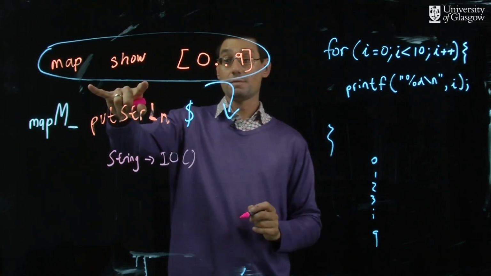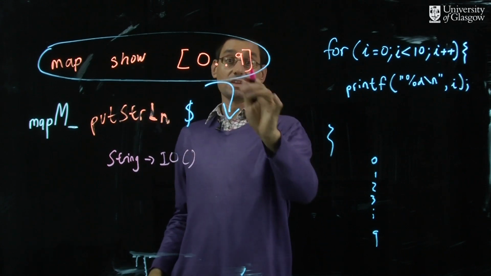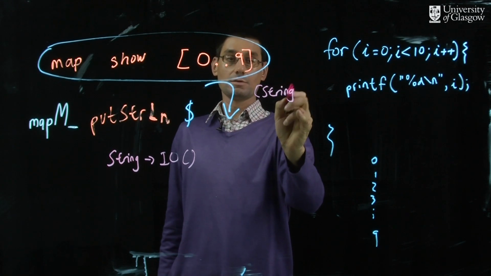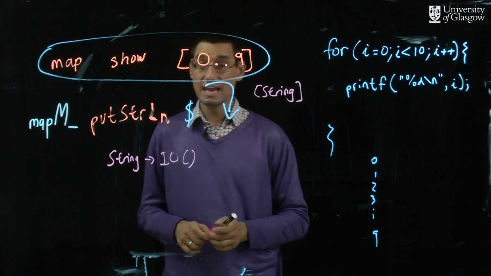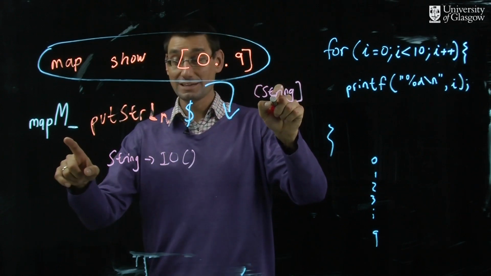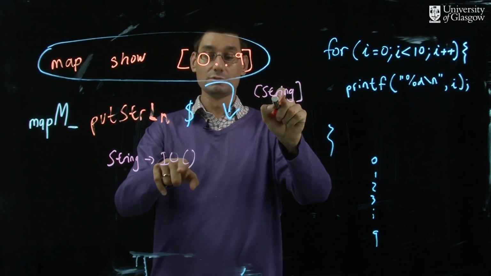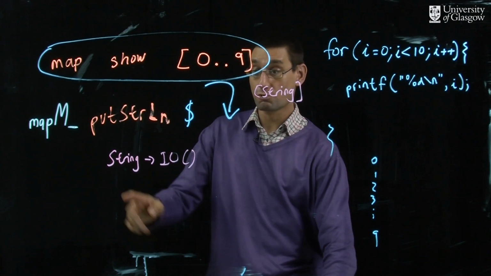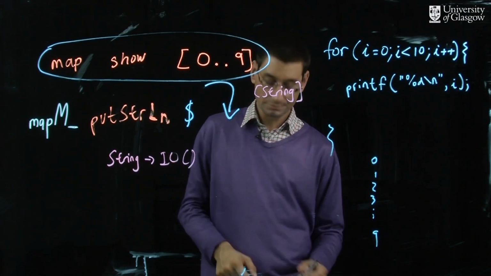Okay, and this map show list of ints is going to give us back a list of strings. Okay, and this mapM_ is going to take a list of strings and something which transforms individual strings into unit in the IO monad, and it's going to return unit in the IO monad. So the overall type of this thing, when we call it, is just that.